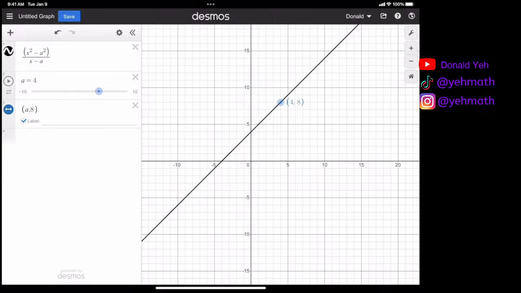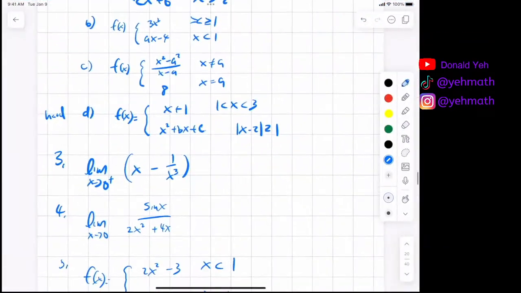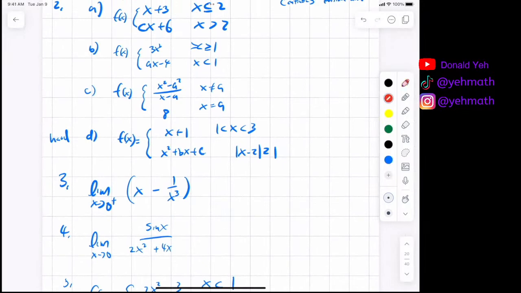Can you show how you do D? D, okay, yeah, of course. D is another question I thought was really good, but first of all, you had to understand this domain right here. So x minus 2 greater than 1 means x greater than 3.